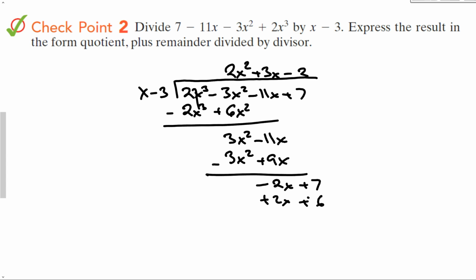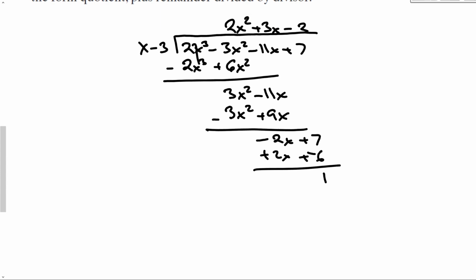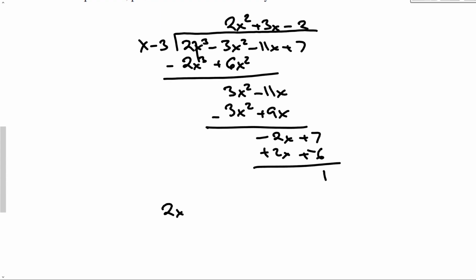And subtract, change both signs, and we get 1 left over. So my answer becomes 2x squared plus 3x minus 2 plus 1 over x minus 3. That's my remainder. That's what's left over, and 1 is no longer divisible by x minus 3.